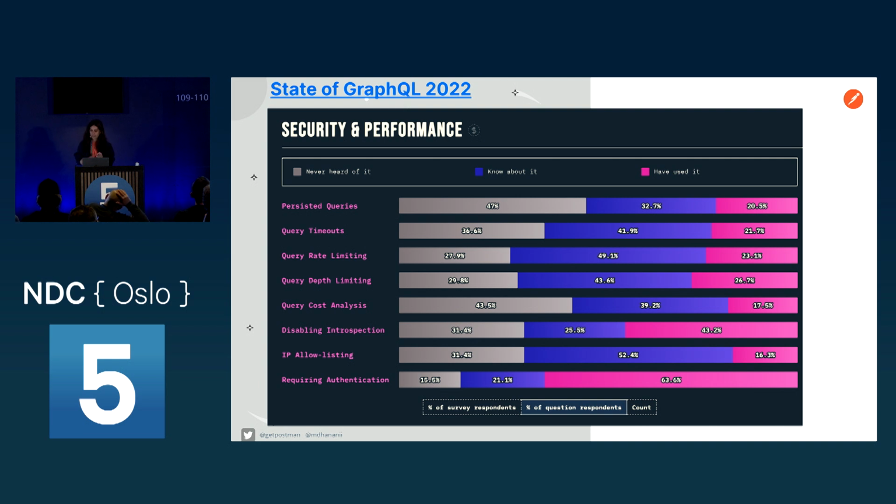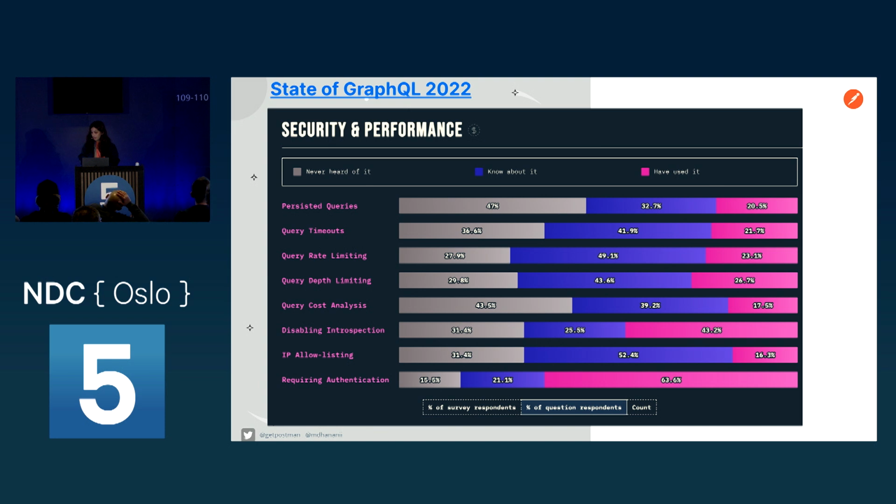The cost analysis is something we spoke about, as well as disabling introspection, requiring authentication, and allow listing. It is helpful to give a broad overview of the awareness about each of these techniques and how many people are actually using them in production.